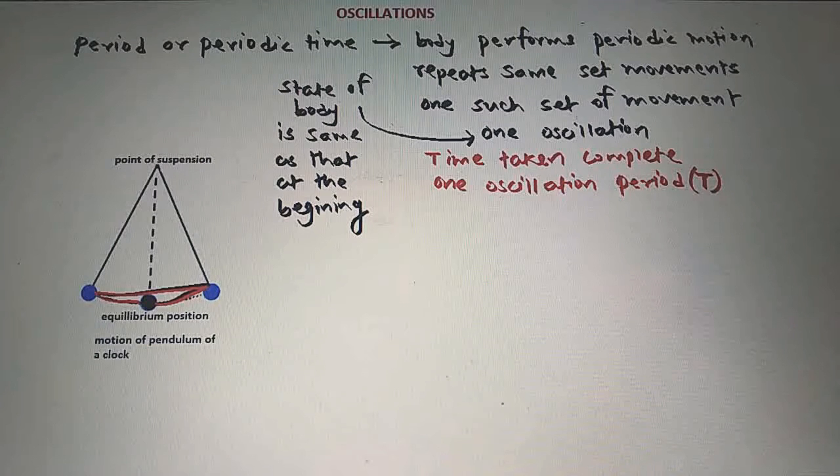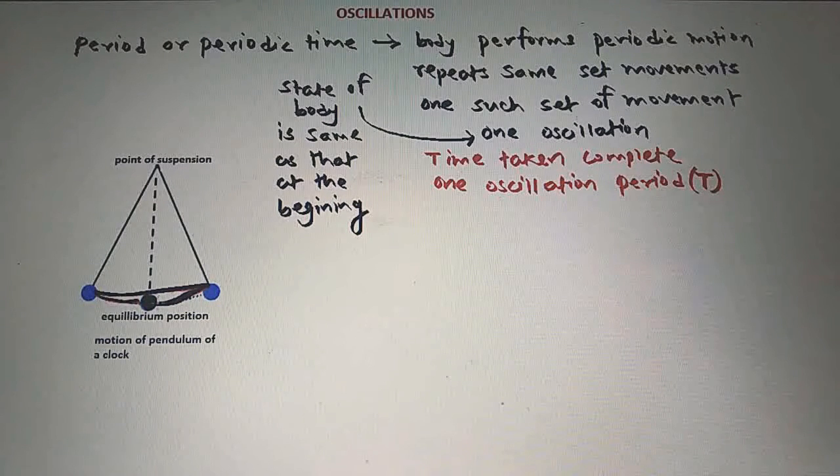See in this figure, in the case of the motion of the pendulum of a clock, this is the mean position, the equilibrium position. Now this pendulum moves backward, then forward, and then comes to the mean position.